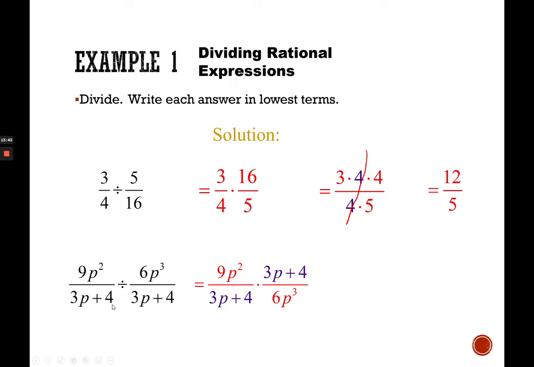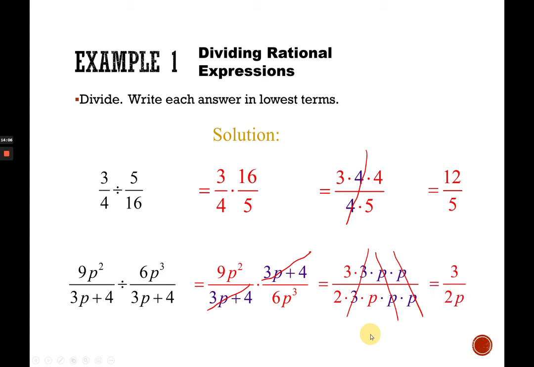If you're not paying attention, actually, 3p plus 4 can be cancelled out, obviously. And now you can factor your 9p squared and 6p cubed. The purples are the ones supposed to be cancelled out. The answer is 3 over 2p.